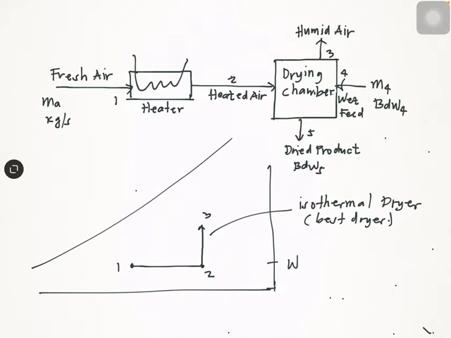And if in here you have this one, let's say this is 3 prime, this process is called the adiabatic dryer.